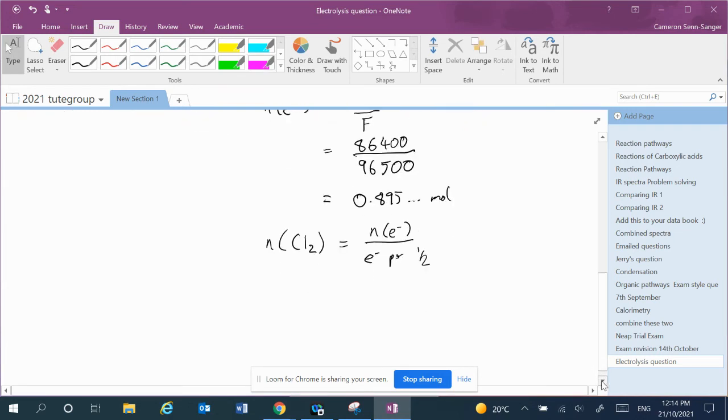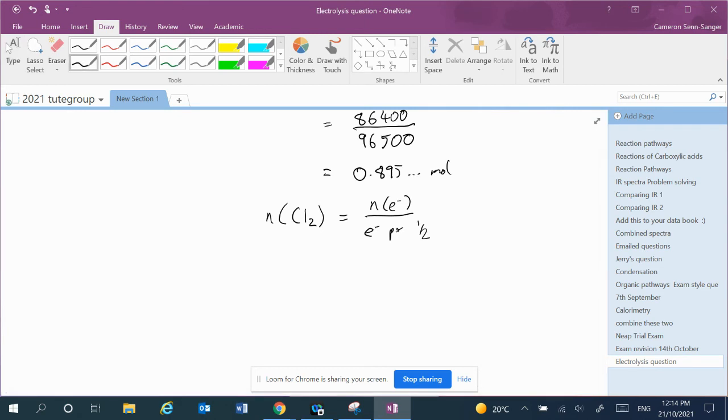So continue working down the page. We can now say that is 0.895 and so on divided by 2, which is 0.447 moles, leaving that number on the calculator.